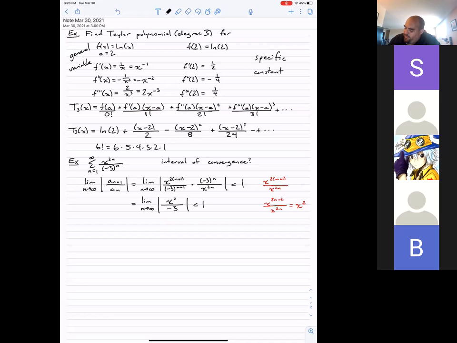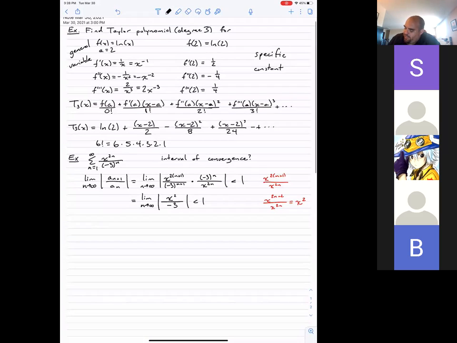So absolute value of -3 is just going to be 3. So basically now the ratio I'm solving for is -1, which is less than x squared over 3. It's less than 1. So I have -3, which is less than x squared, which is less than 3.